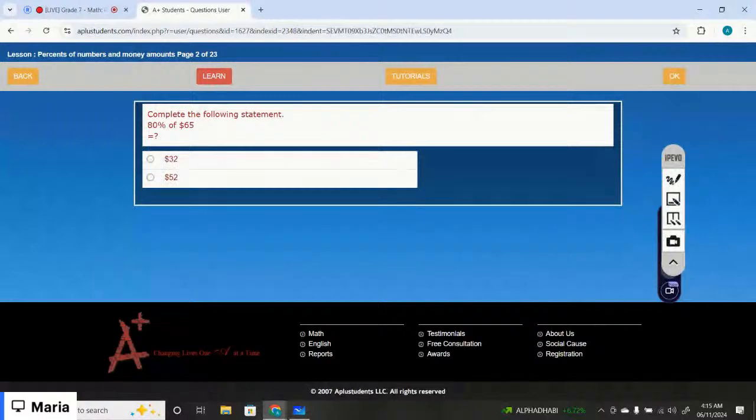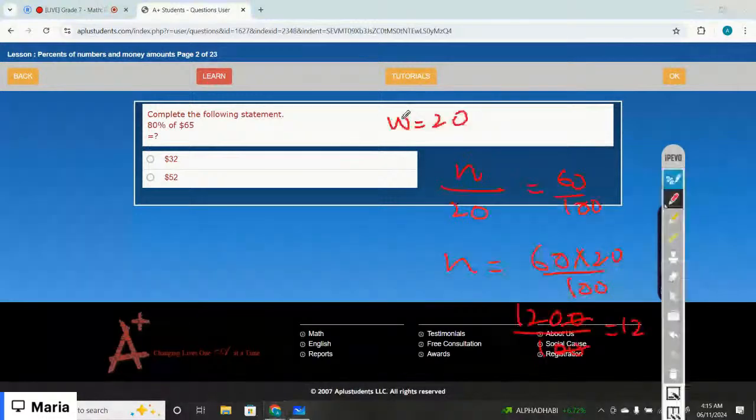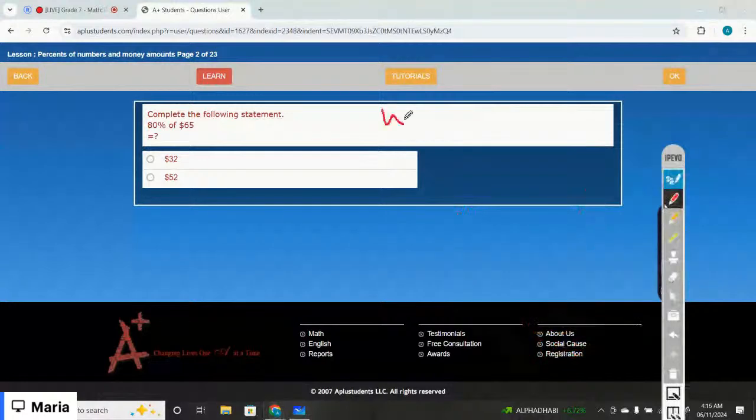Complete the following statement: 80% of 65. So let's just evaluate 80% of 65. The whole is 65, 65 is the whole number. You have to evaluate n divided by 65 equals 80 over 100.